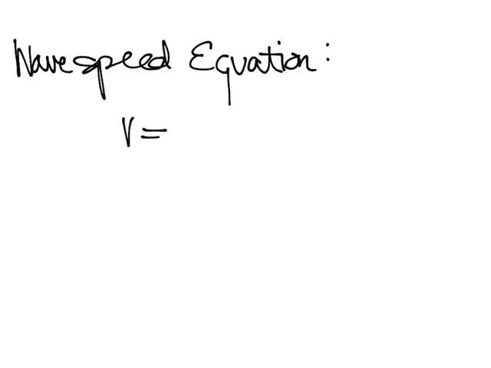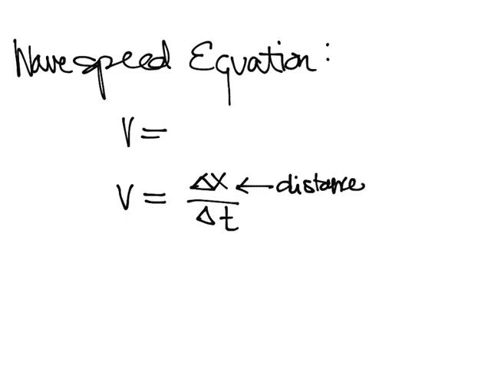And finally, I'm going to introduce you to two ways to measure the speed of a wave. The first way is just like we're used to. You could measure how long it took a wave to get to the other side of something, so this would be distance, in meters, divided by time.